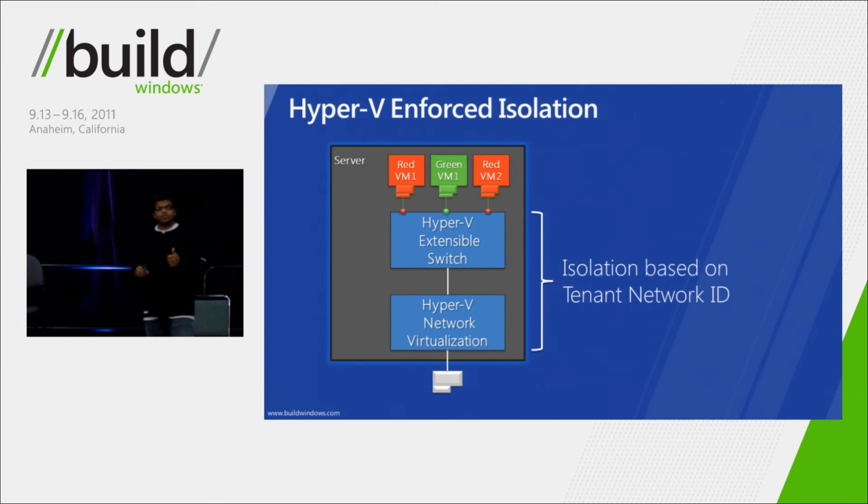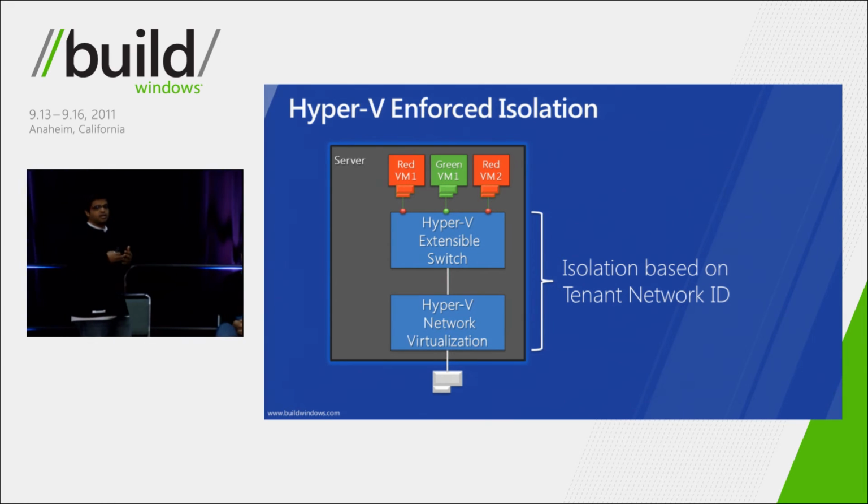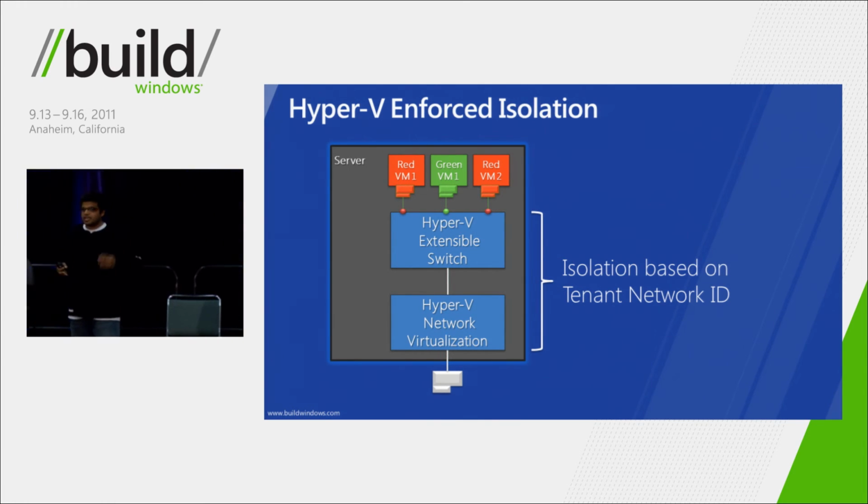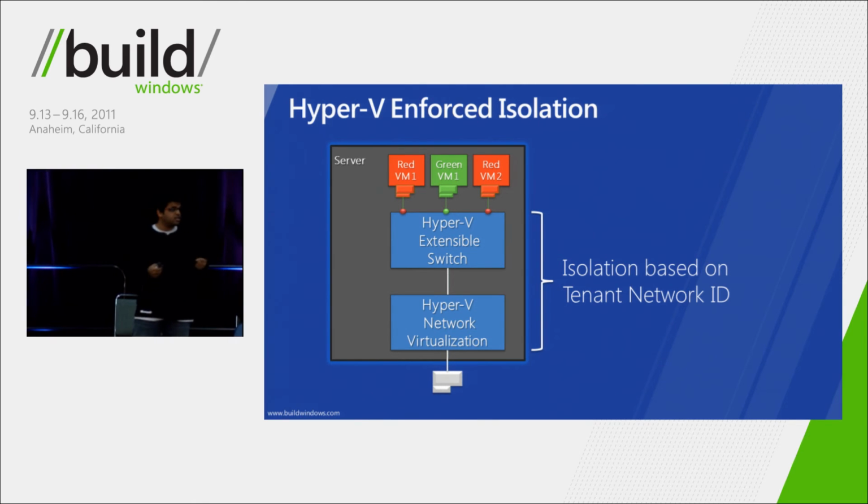And the third and most important point is the extensible switch provides very rich functionality to build both forwarding extensions, monitoring, metering, a whole bunch of things. You can build firewall appliances, as we talked about in yesterday's talk on switch extension. Now, because the tenant network ID is going to be available to these extensions, we want you to make all of these services that you're building multi-tenancy aware.